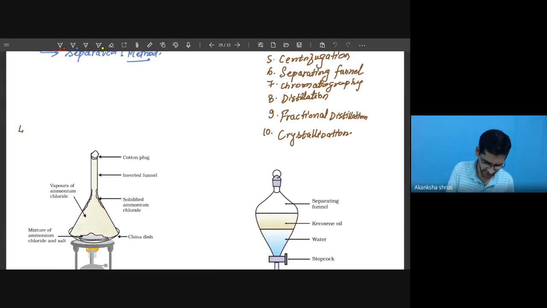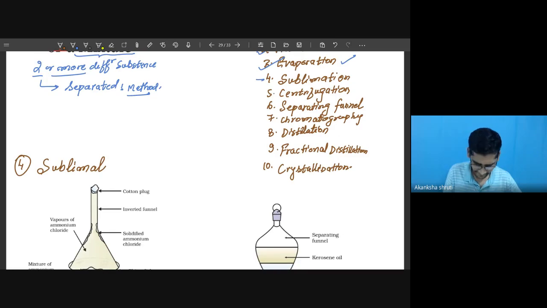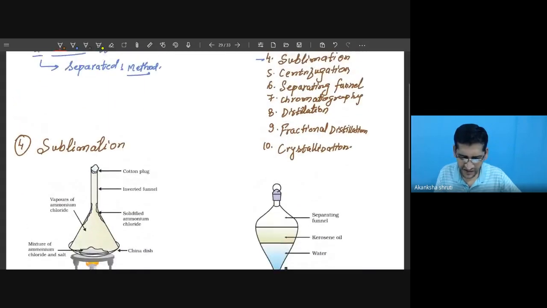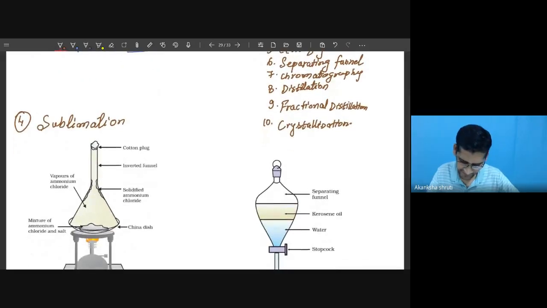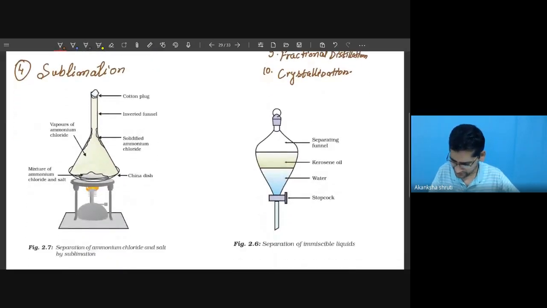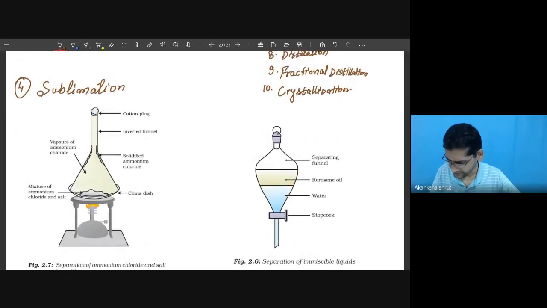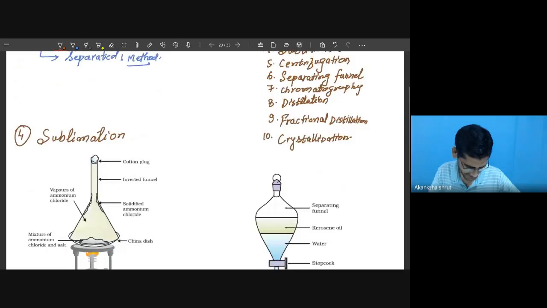So this is for the fourth one, sublimation. Then this figure is for the sixth one, separating funnel. Sorry, centrifugation is not here. The figure is for the separating funnel.